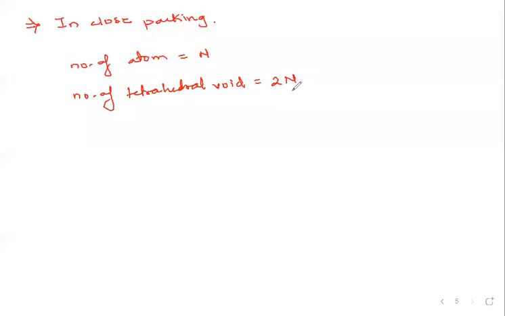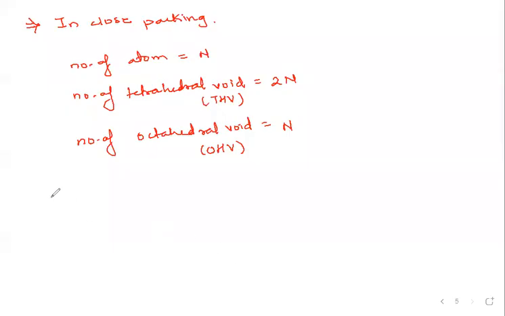In short we call it THV. Similarly, the number of octahedral voids, OHV, is given by n.